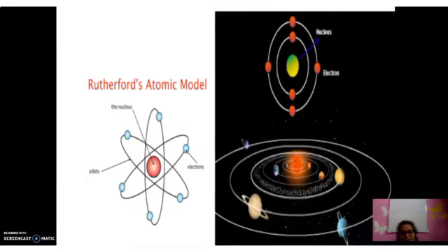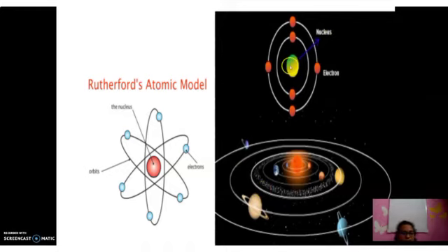So we'll see Rutherford's atomic model. Here you can see in the center of the atom there is the nucleus which has positive charge. Electrons are revolving around the nucleus in orbits. These lines he called orbits. And this model of Rutherford is also known as the solar system model.